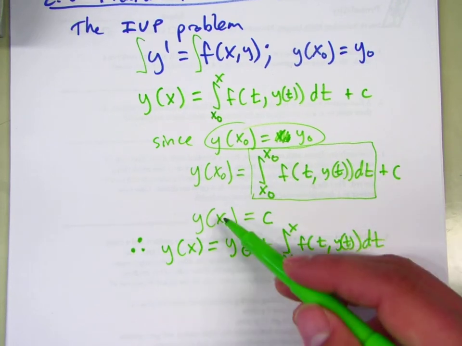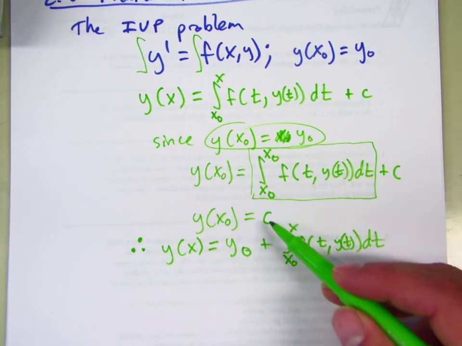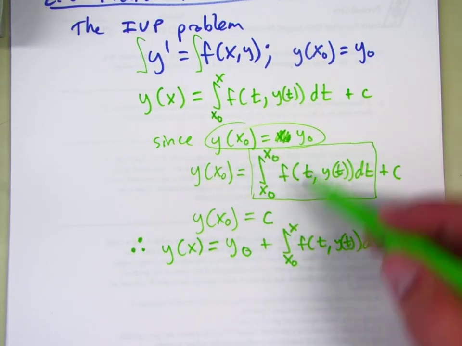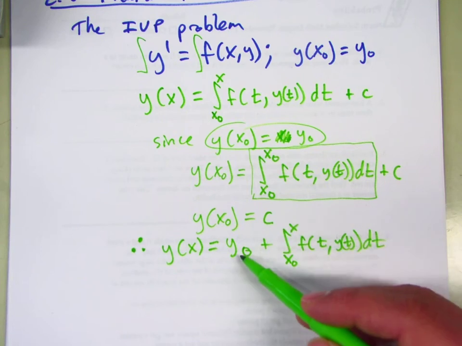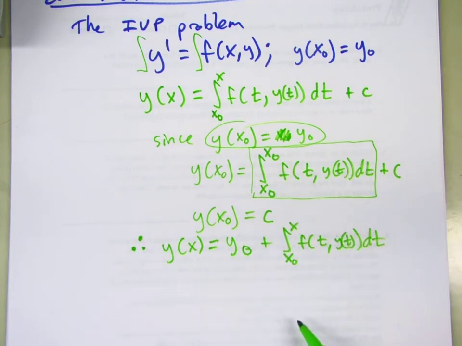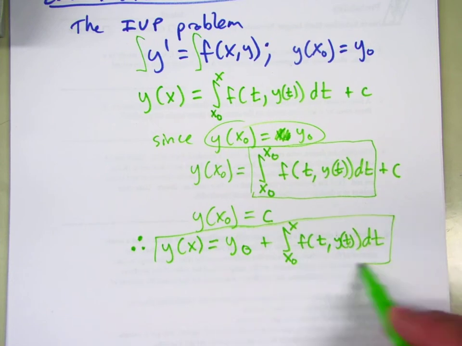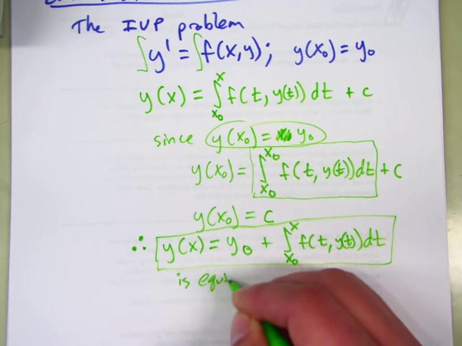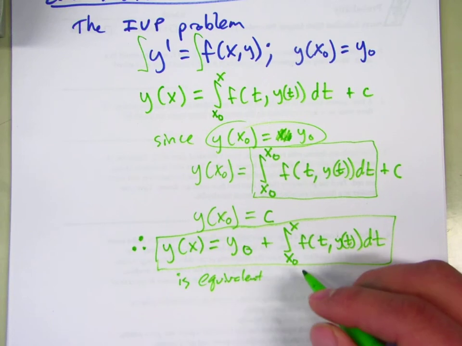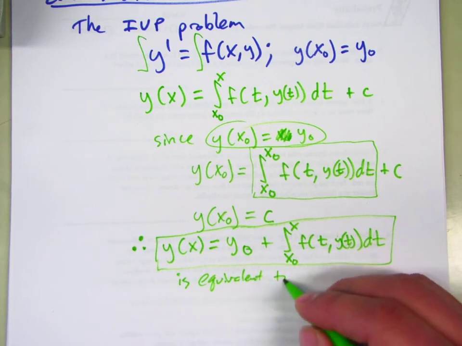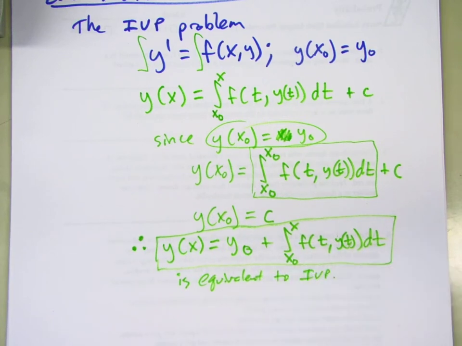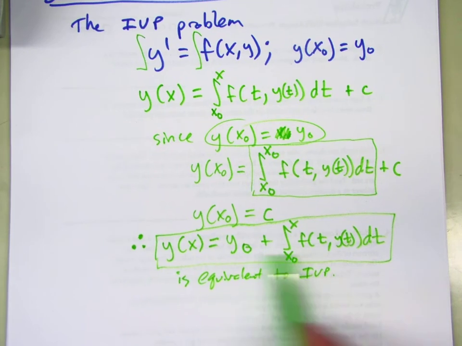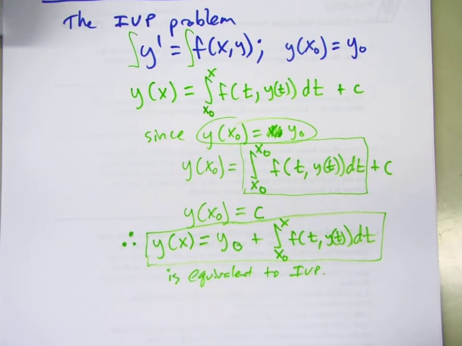So by plugging in this condition, we figured out that this initial condition, which was actually equal to y naught, in fact equals c. So replace the constant with y naught, now we get this function. Okay? So this is equivalent to the IVP. We're going to use this to figure out what the solutions are going to be.